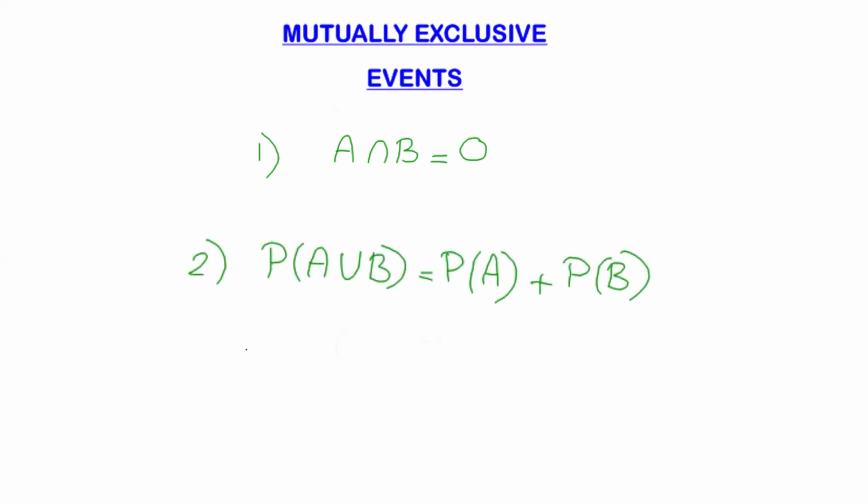Mutually exclusive events, now coming in set language. When two events are mutually exclusive, the intersection between the sets should be zero. Probability of A union B is equal to probability of A plus probability of B. So this is the case of mutually exclusive events. Actually, mutually exclusive has already been discussed. It is here in terms of set language. Now you have to copy this.